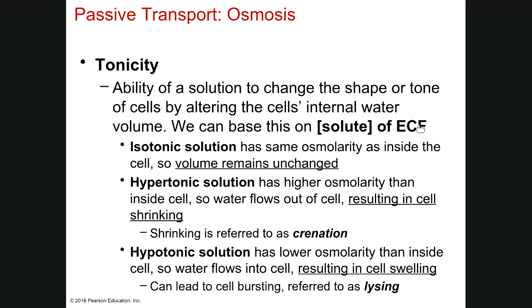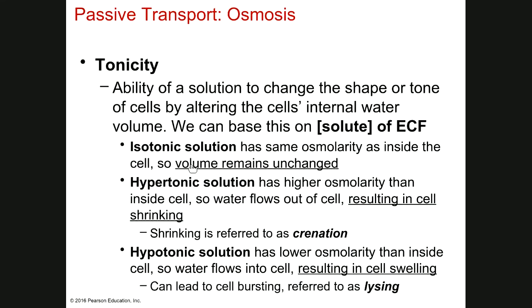If you can add this to your knowledge base, tonicity is referring to the concentration of solute outside the cell, not inside, outside. Keep that in mind. So based on this, there are 3 different kinds or categories of tonicity, which you definitely need to know. For sure we'll have a question about it.